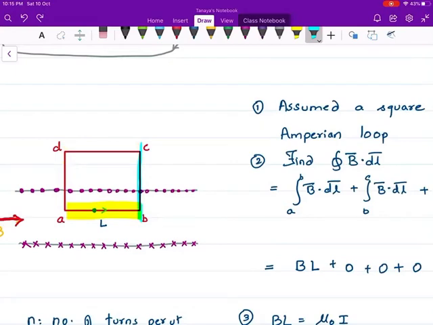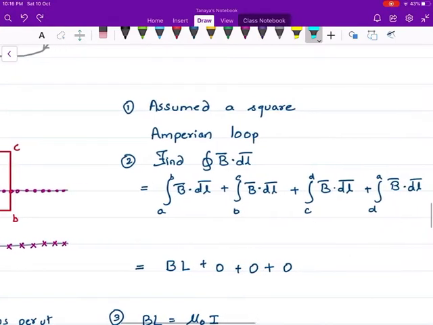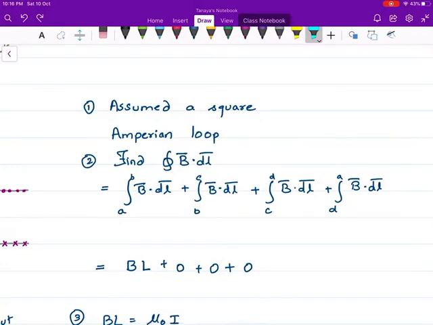So I can divide this into 4 parts. So I'm going to take the integral of B bar dot dl over these 4 regions. That is, integrate from A to B, B bar dot dl, plus integral from B to C, B bar dot dl, then C to D, and similarly D to A. Okay, that is how I have taken the integrals.